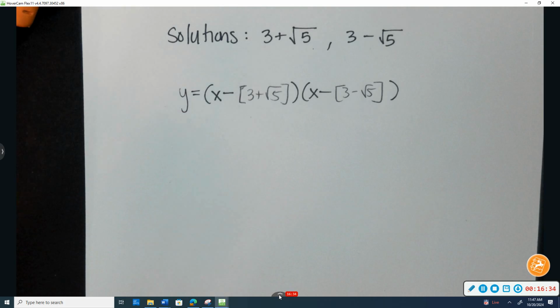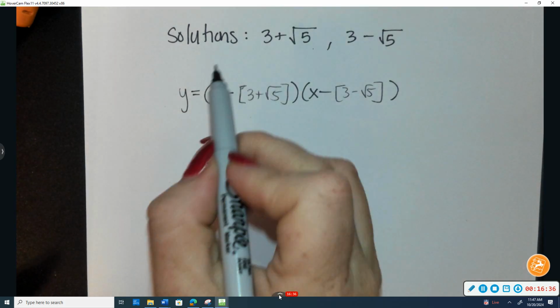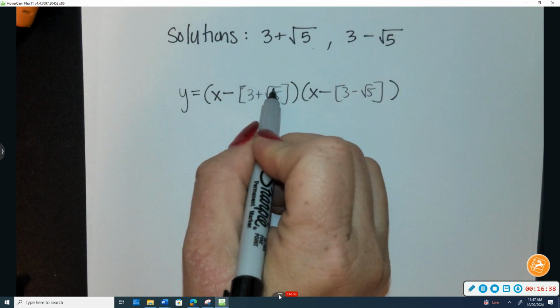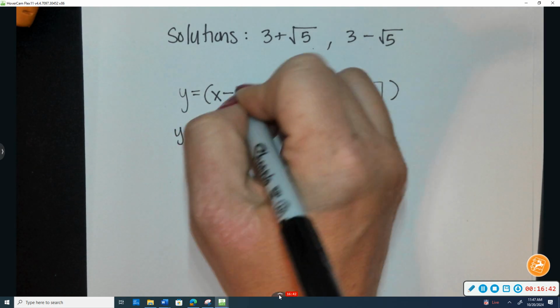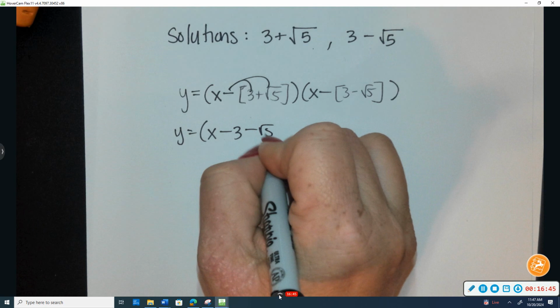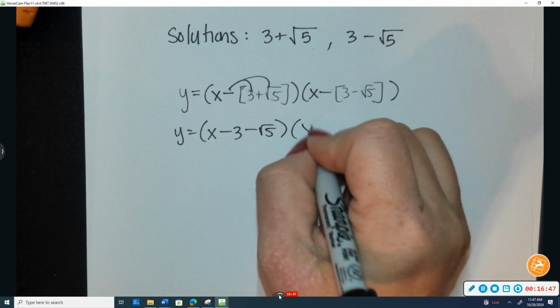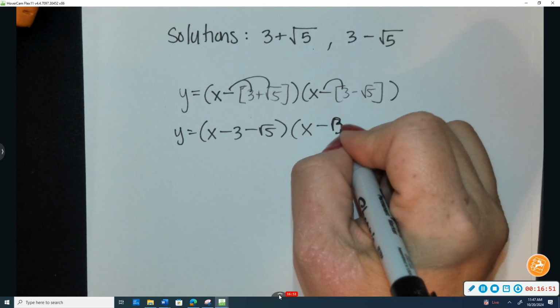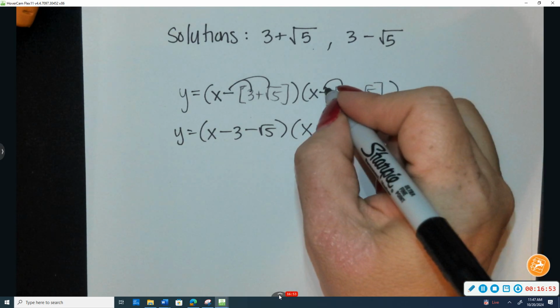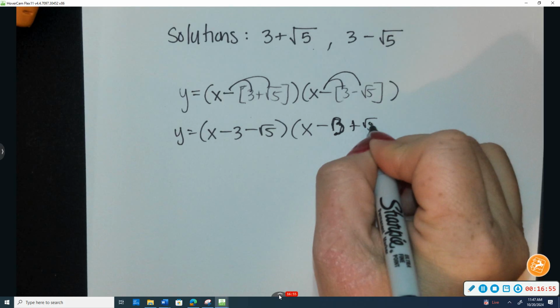Just like I did before, but I've got to be very careful here. Now I'm going to distribute the subtraction sign to both terms inside. X subtract 3 and subtract the square root of 5. X subtract 3, that's just normal 3. It's ugly, but it's normal 3. Oh, negative times negative is a plus the square root of 5.